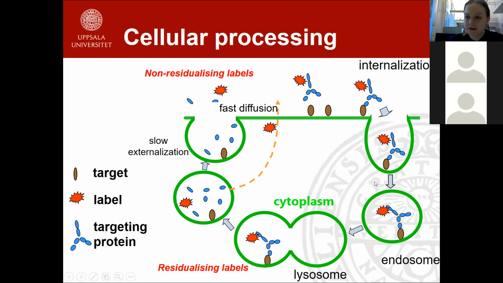For example, if we see that after several hours, all of the protein has disappeared from the cell surface and went inside the cell, and then it degraded, and then the radiolabel, if it's iodine, just leaks out of the cell. If we see that this is happening, we don't consider iodine as a good candidate for further translation. That means that this kind of protein should be labeled with a metal.